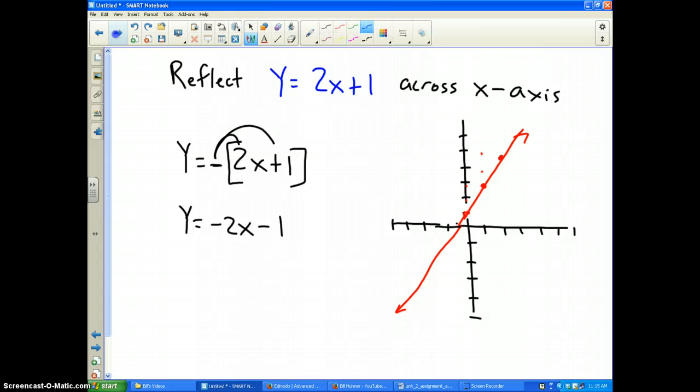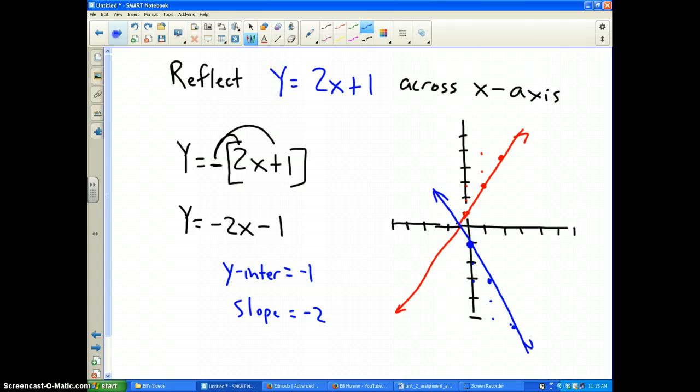So let's graph this. The y-intercept now is negative 1, and the slope is now negative 2. So my y-intercept is down here, negative 1, and I go down 2 and over 1, down 2 and over 1, and my graph should look something like this.